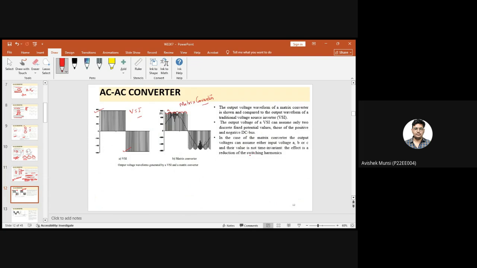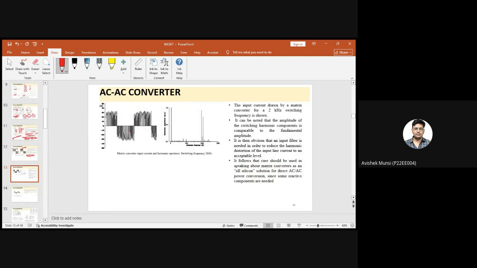So their value is not time invariant. So the effect of reduction of switching will help to reduce the switching harmonics. Okay.